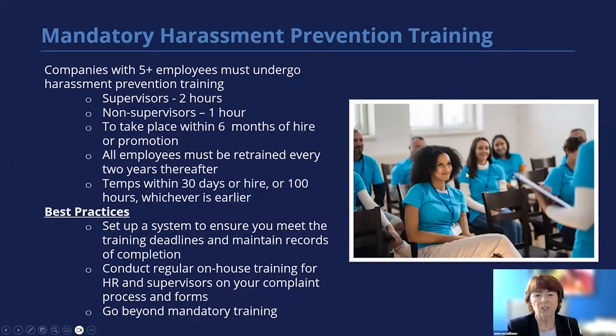I think everybody does know that California has mandatory requirements for both supervisors and non-supervisors. The non-supervisors training is 1 hour, and the supervisors is 2 hours. I've detailed some of the requirements here. I highly recommend that you set up a system to track all of this training.